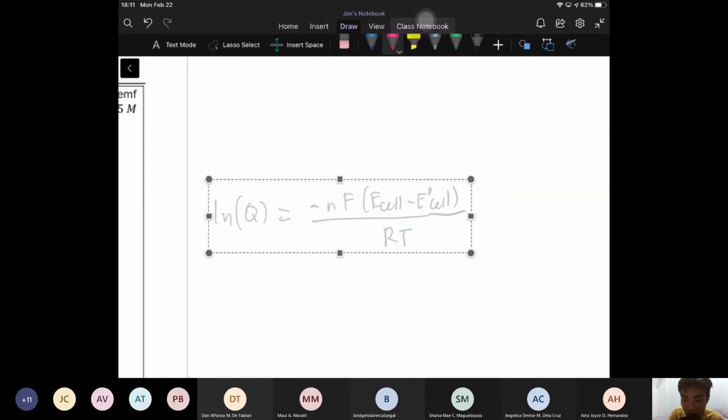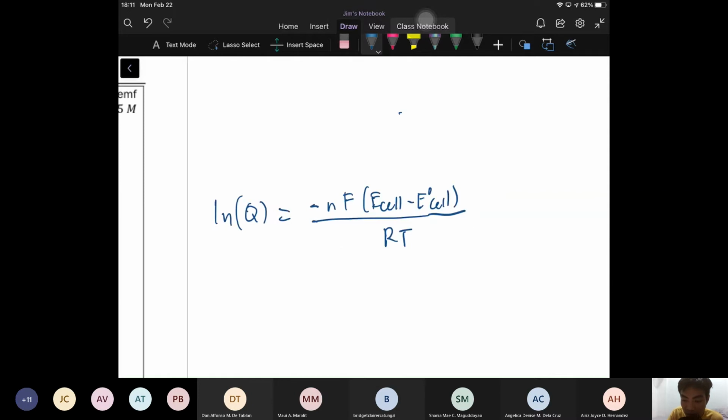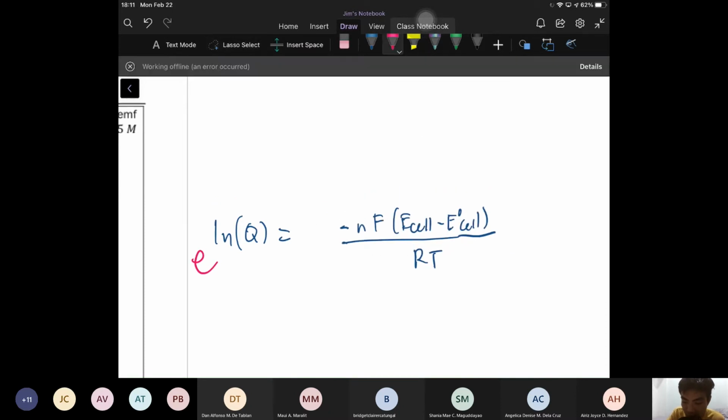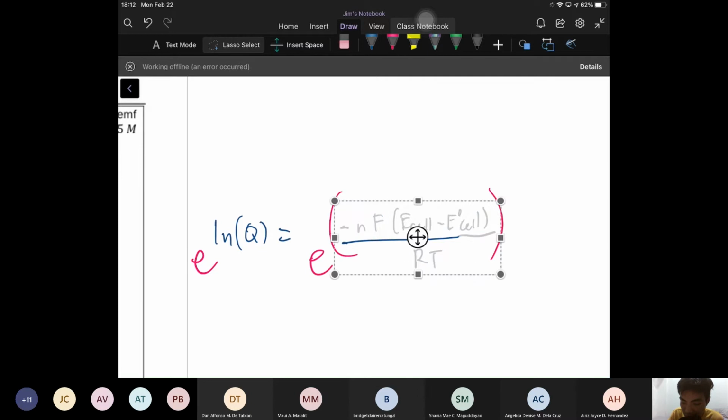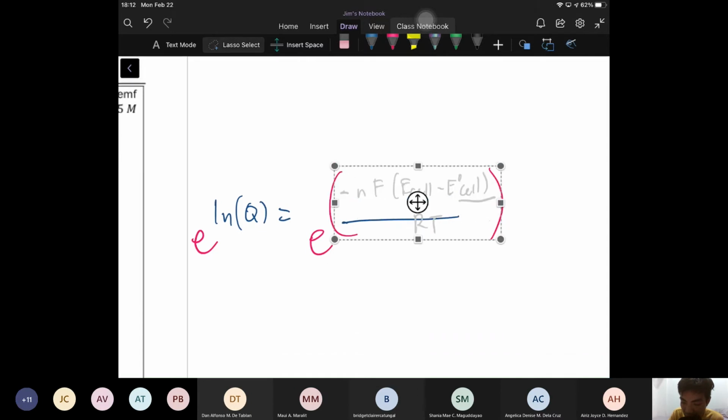Paano? I-exponential yung ating equation. Exponential ln Q, plus ito, gagawin ko tong exponent ng aking exponential function. So that will be e raised to this quantity, whatever that is.